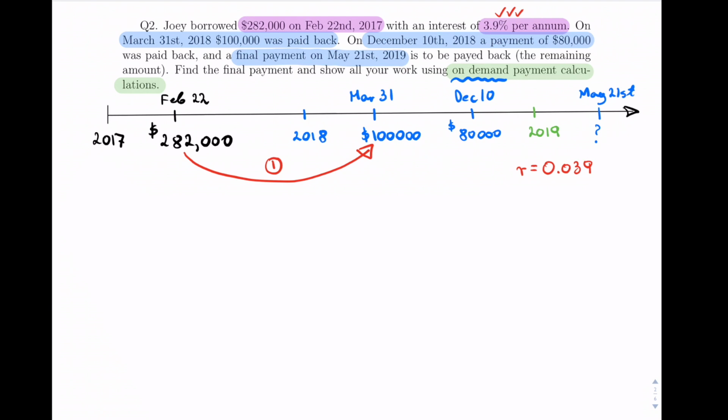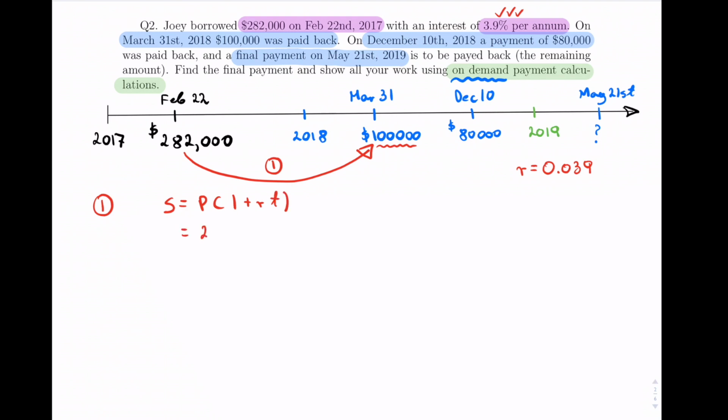And then we're going to take away 100,000 from that debt, so it won't be as big. So that's our first step. Now, we are moving it into the future, relative to the February 22nd of 2017. So first calculation, since we're moving it into the future, we're going to use the future value formula.